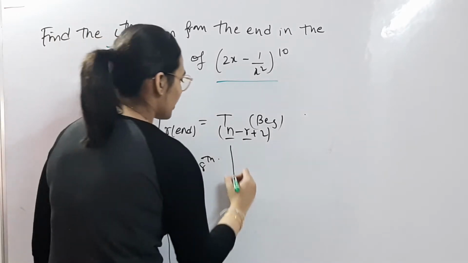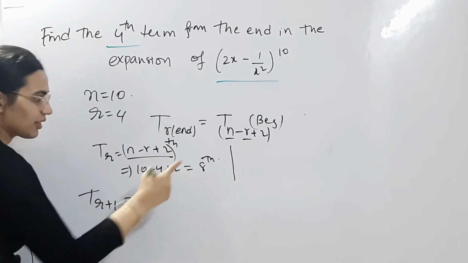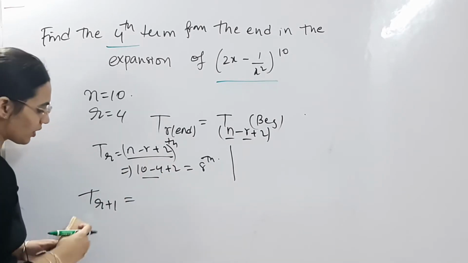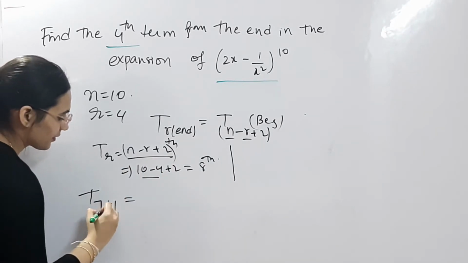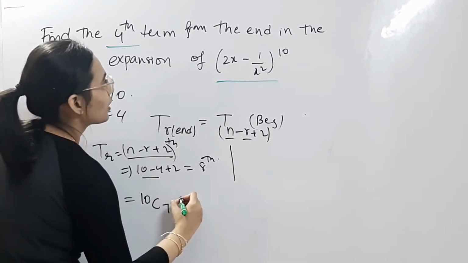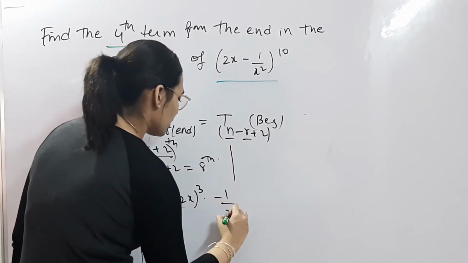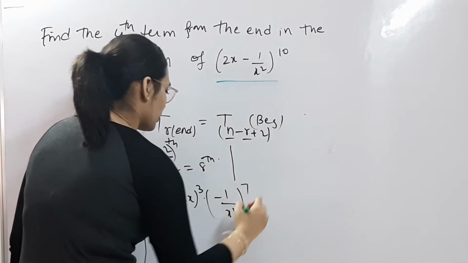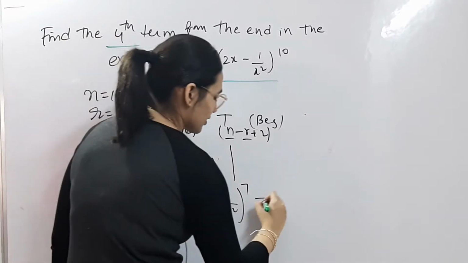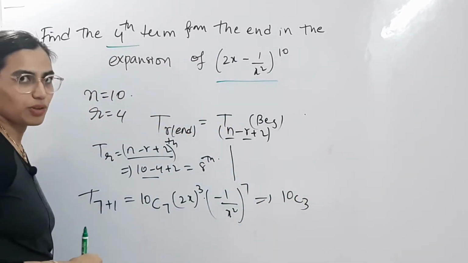So how do you find this term? T(r+1), and here r plus 1 is equal to 8, so r is 7. 10C7 times (2x) to the power of 3 times (minus 1 by x squared) to the power of 7. So how much do we get? 10C7 is nothing but 10C3, using the properties of binomial coefficients.